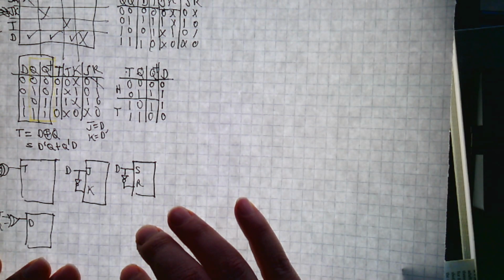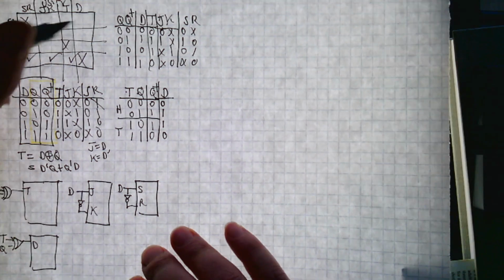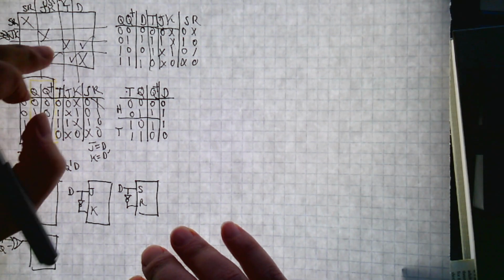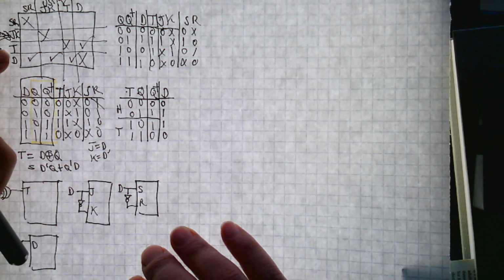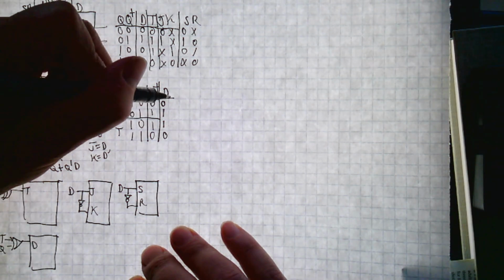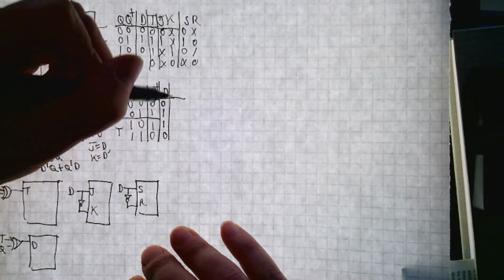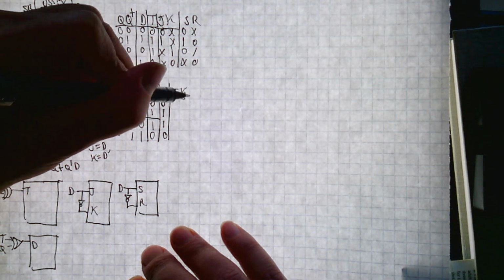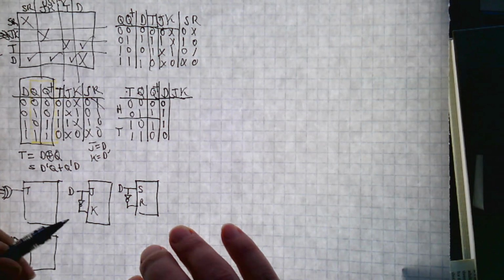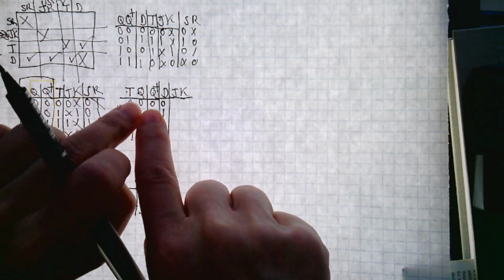So we've done this cell. The next one is JK, which means we need to use a JK to implement a T. So if we put in the JK flip-flop right in through here, we need to know, how do I make 0 transition to 0?